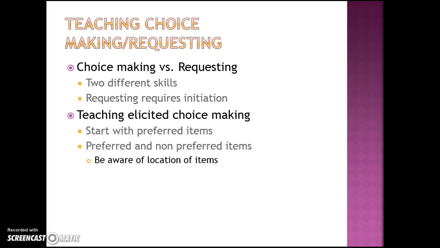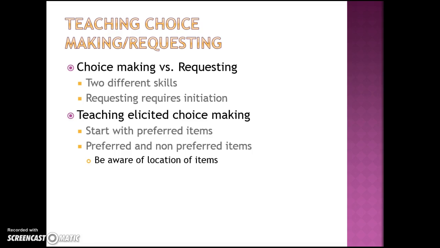You don't want to use something that they dislike, just something they don't really care about. So you'll move to 1 preferred item and 1 non-preferred item. And then as the individual begins to master that, you're going to increase the number of choices in the selection set. So you could do 2 preferreds and 1 non-preferred, or 2 and 2 for preferred and non-preferred.